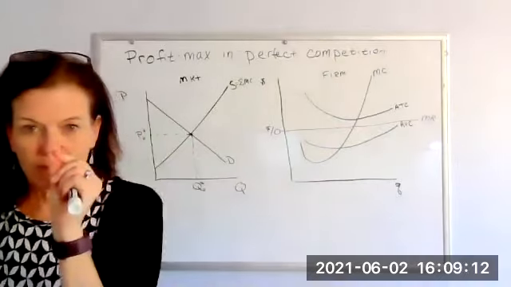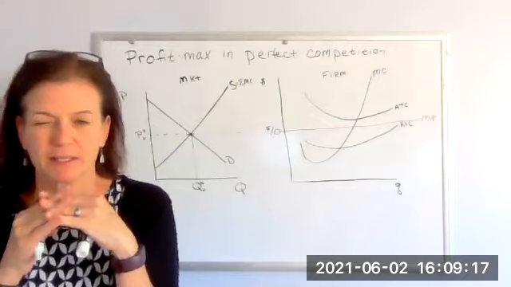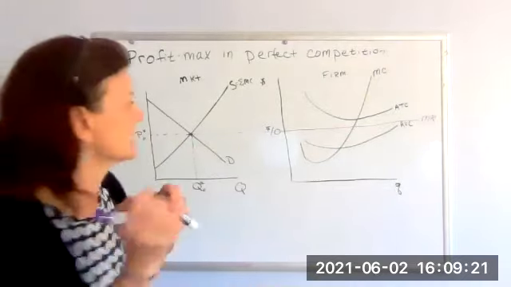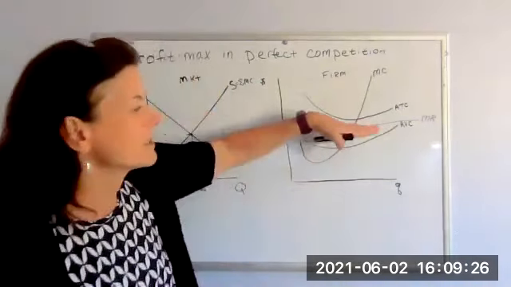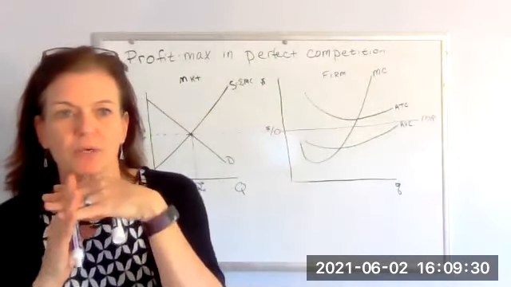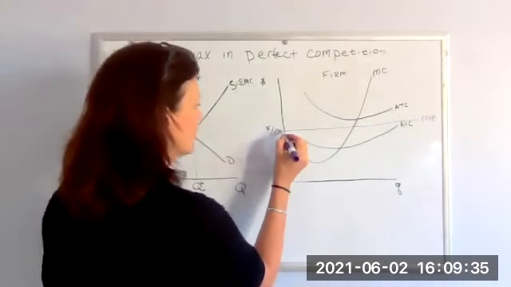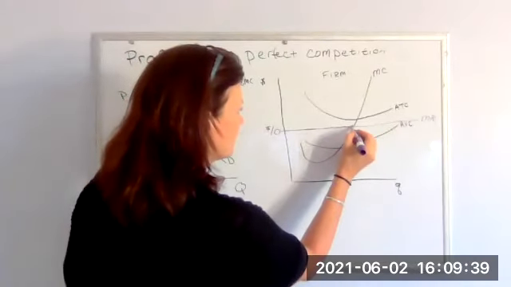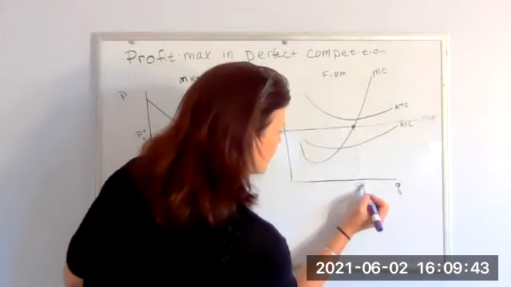The first step, always, not just for perfect competition, but for any profit maximizing firm, which we assume all our firms are, is to say, at this price, where does marginal revenue equal marginal cost? That is the golden rule of profit maximization. You cannot make more profit than producing where marginal revenue equals marginal cost. So you take that price, which is the marginal revenue, you follow it over until it hits the marginal cost curve. That is your profit maximizing level of output.